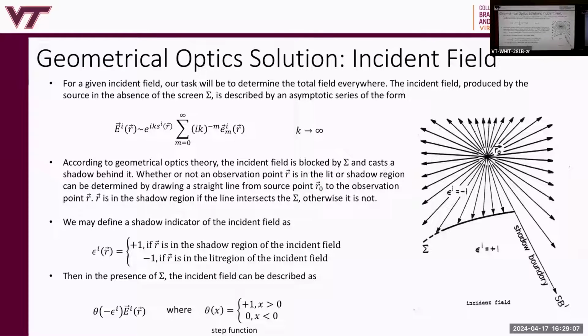So you pick an observation point. Here's R naught, this is the point source, right? And you pick an observation point, say R out here, you draw a straight line from these two. If it doesn't intersect sigma, then that point R is in the lit region. If it does intersect sigma, then it's in the shadow region, all right?